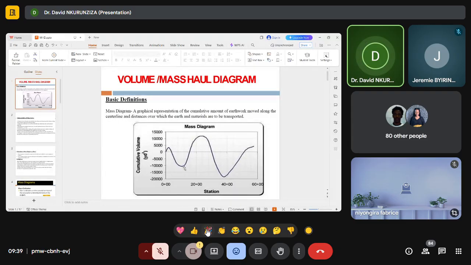Where we see a falling section, this means filling activities are taking place. So on the mass haul diagram, rising means cut and falling means fill. Another terminology you can use is that excavations are also called cuts, and fills are also known as embankments.